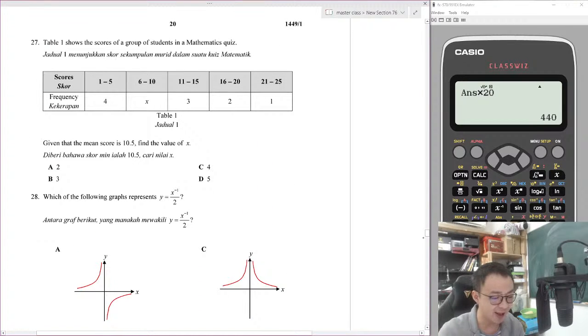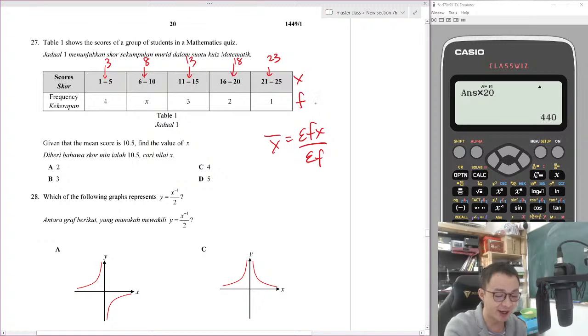Okay, so the mean is 10.5. So this one, you want to find the middle value, which is 1 plus 5 divided by 2, which is 3 here. So this one divide, you will get 8, 13, 18, 23. Okay, all these are x values. So mean basically is sum of fx over sum of f.